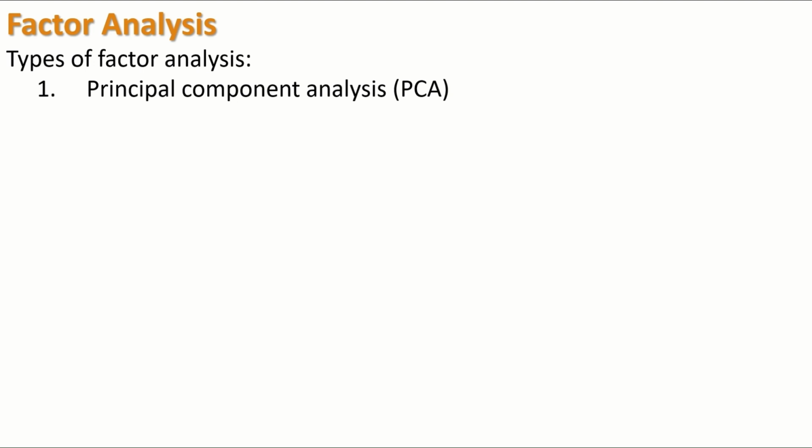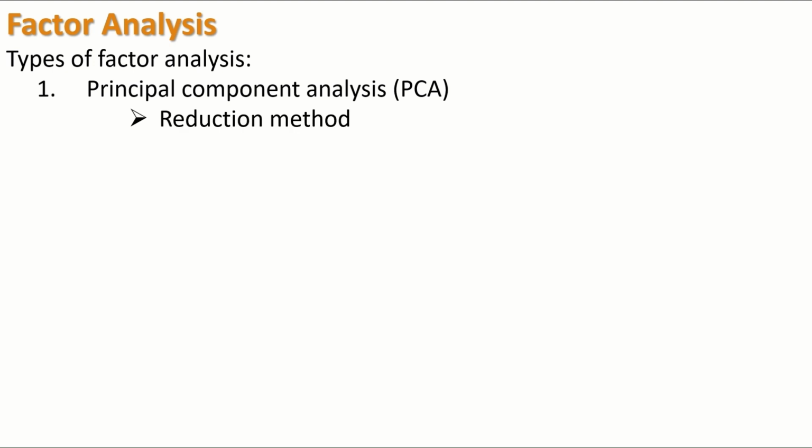What are the types of factor analysis that can be used in analyzing questionnaire or survey data? There are several types. The first one is the principal component analysis, which is abbreviated PCA.